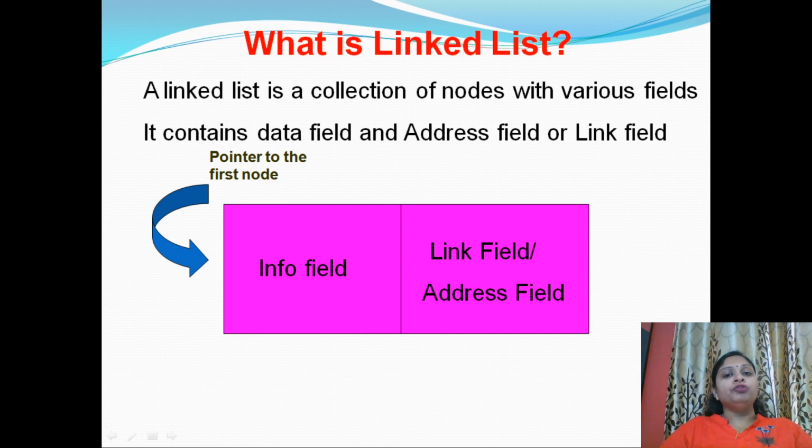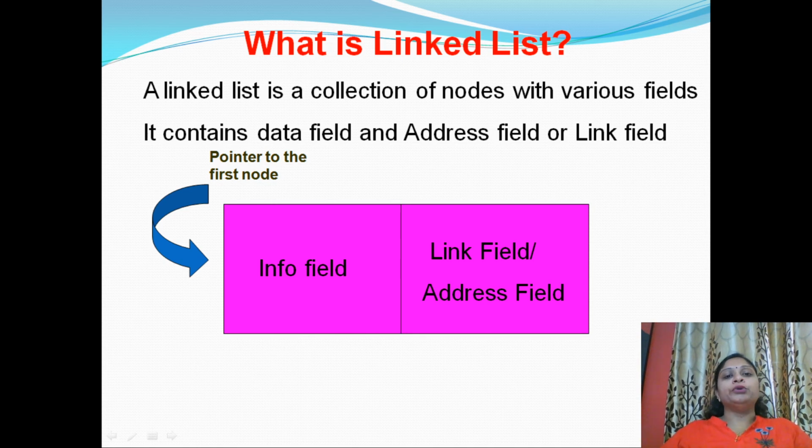The next part of the node is called the link part or address part. What does this address part hold? As I told you, a linked list doesn't need continuous memory. As it allocates memory from different places, after my first node, whichever node is coming, the address of that node I am going to store in its address part.